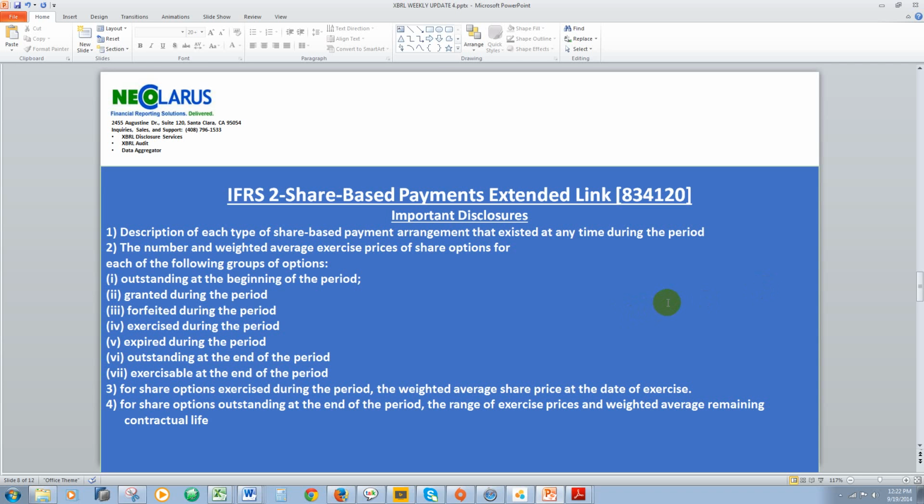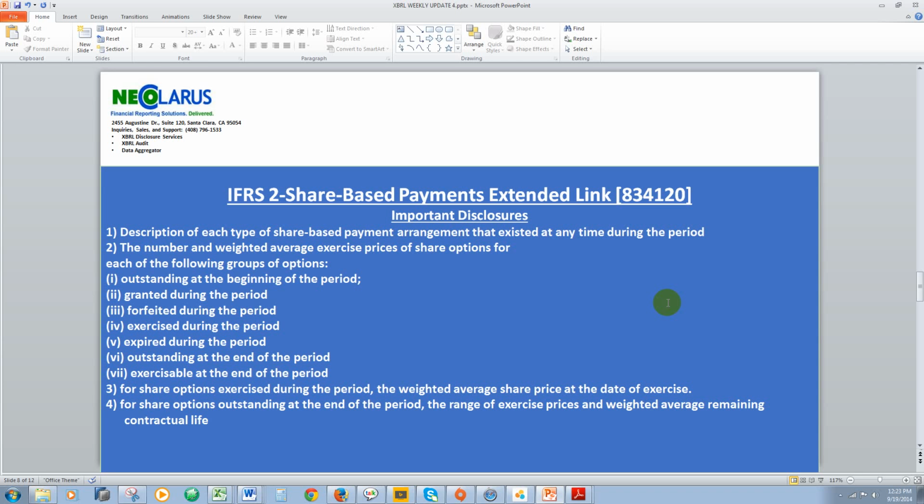The next one is the number and weighted average exercise price of share options for the following groups of options, which are like outstanding at the beginning of the period, granted during the period, forfeited, exercised, expired, outstanding at the end of the period, and exercisable at the end of the period.